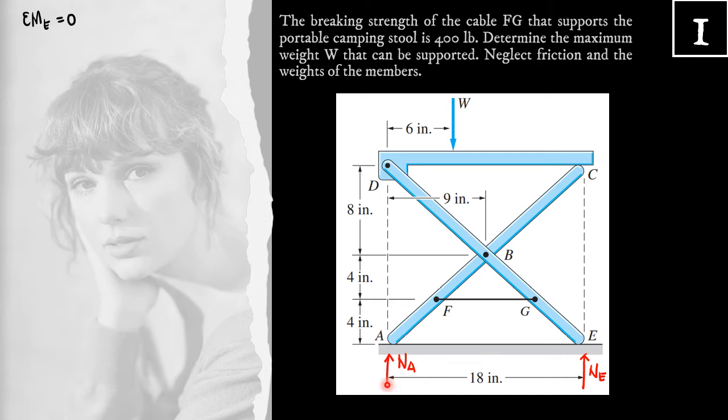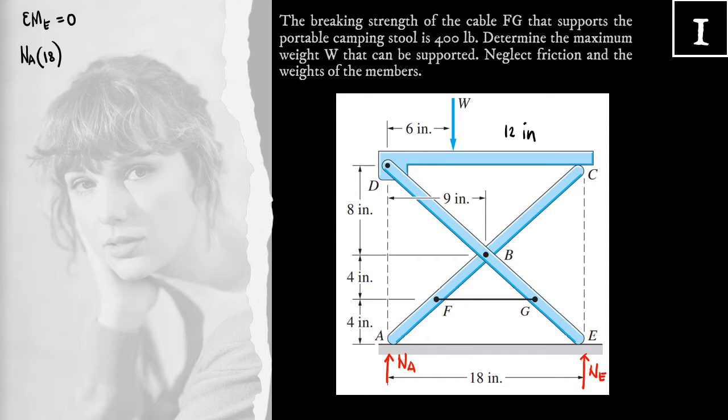For NA, it tends to rotate clockwise about point E with a moment arm of 18. So that is positive NA times 18. For the weight W, it tends to rotate counterclockwise about point E. And its moment arm from point E is this distance, which is equal to 18 inches minus 6 inches, which is equal to 12 inches.